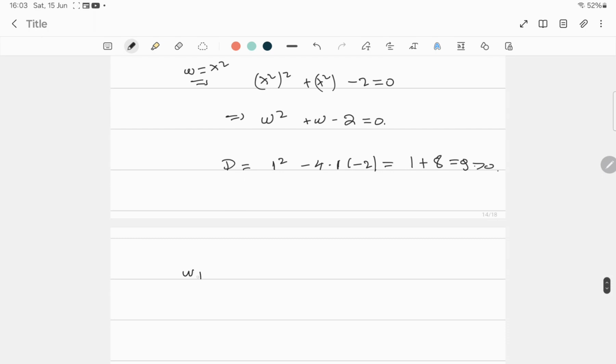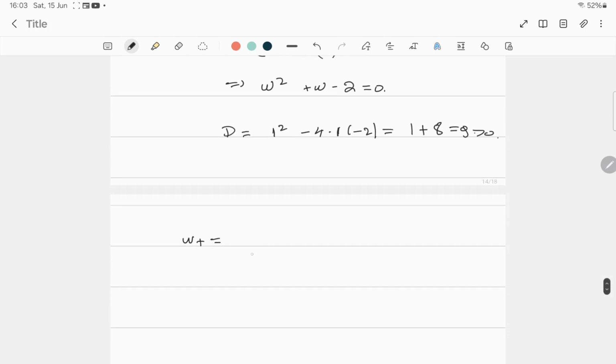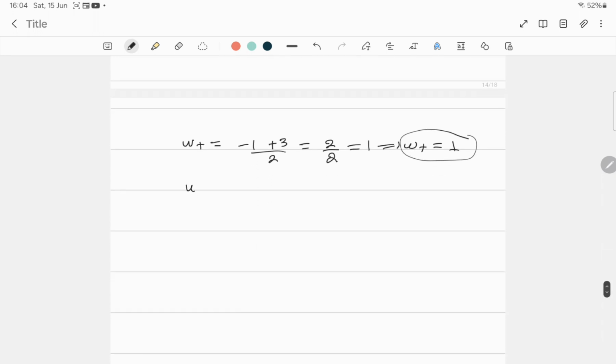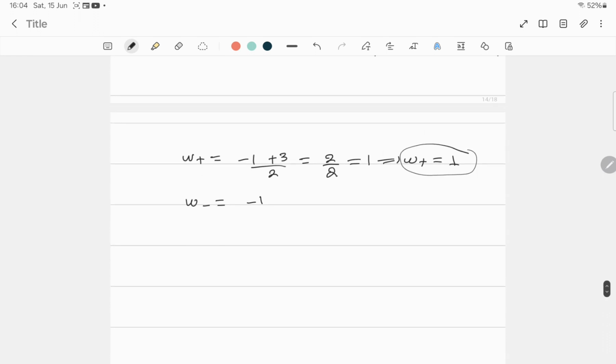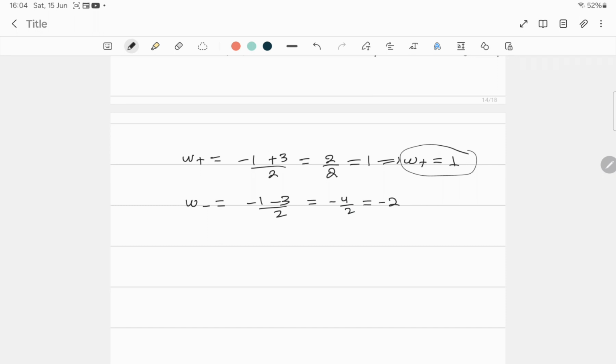I have two solutions, omega plus, the first root is 1, and consequently I can also find omega minus, the other root of the trinomial, which is minus 2.